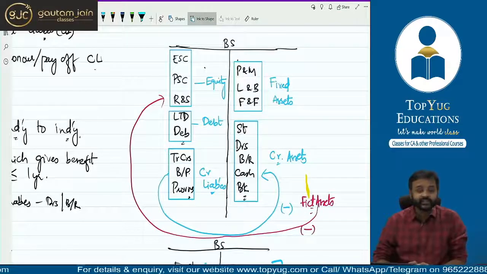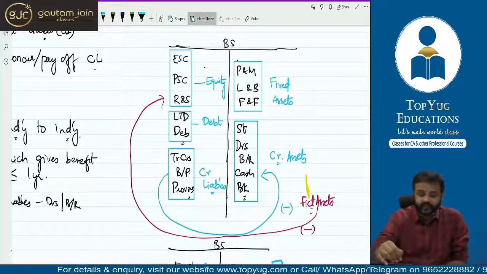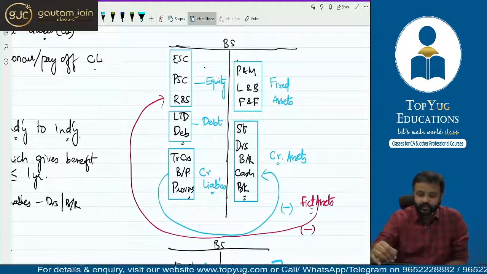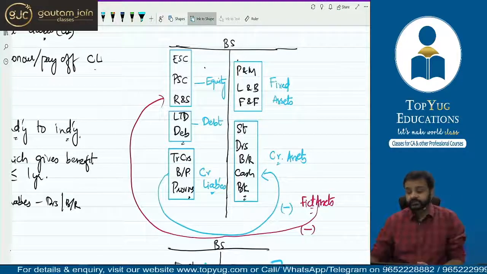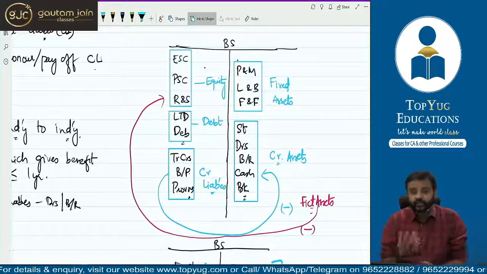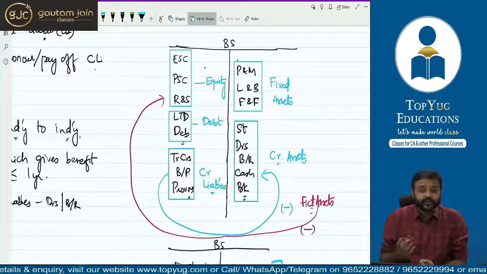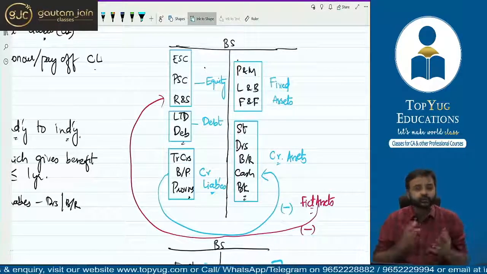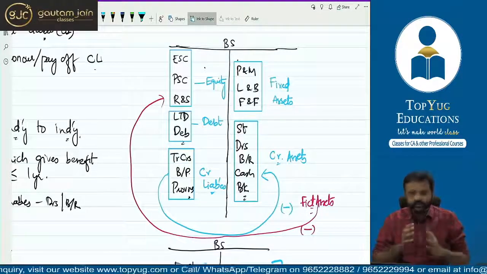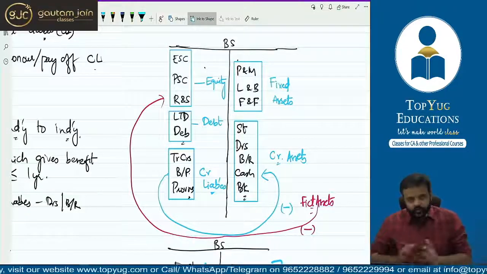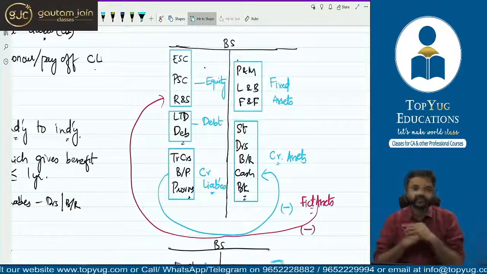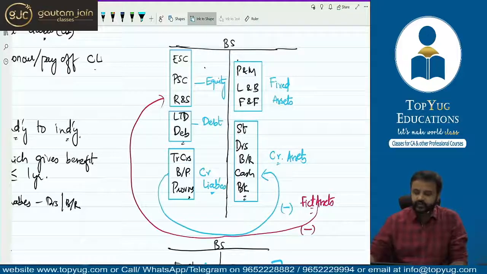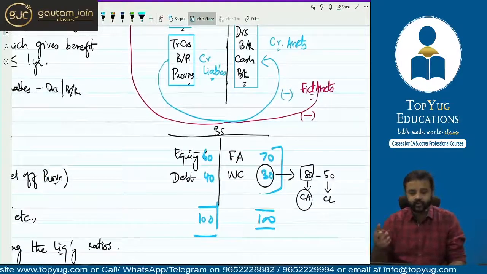These fictitious assets are assets in name only. When there is a P&L debit balance, accumulated loss, or preliminary expenditure not written off, you write it off from the profits, the reserves and surplus. So that is where we are going to deduct it from: reserves and surplus.